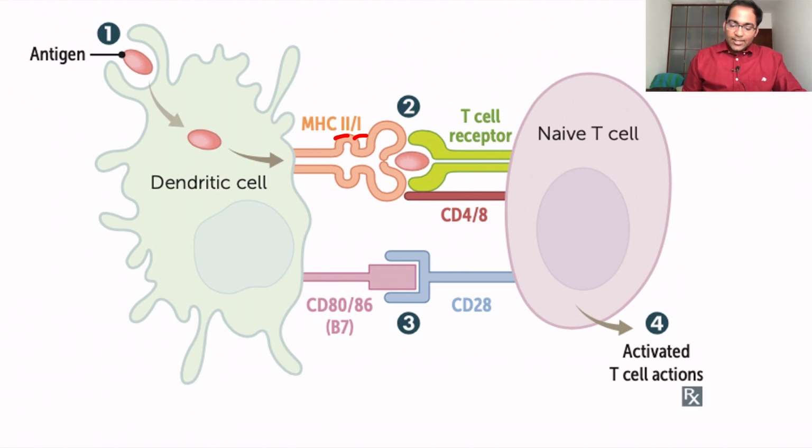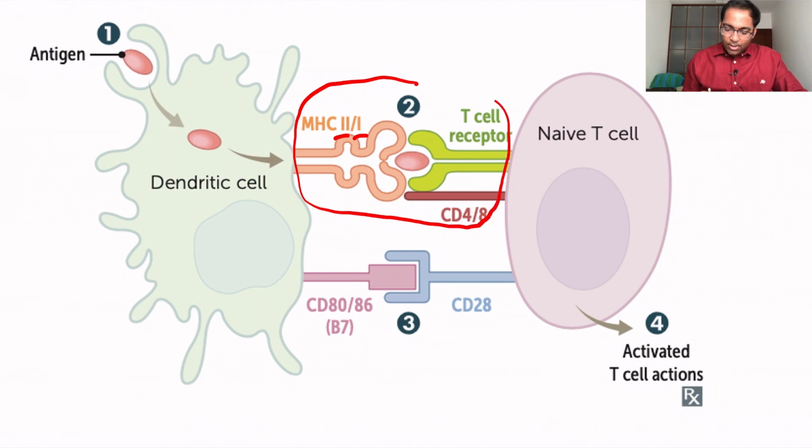Now in signal number 1, there is an interaction between the MHC molecule and the T cell receptor that recognizes the antigen presented by the MHC molecule. So the area that I marked, this is signal number 1.